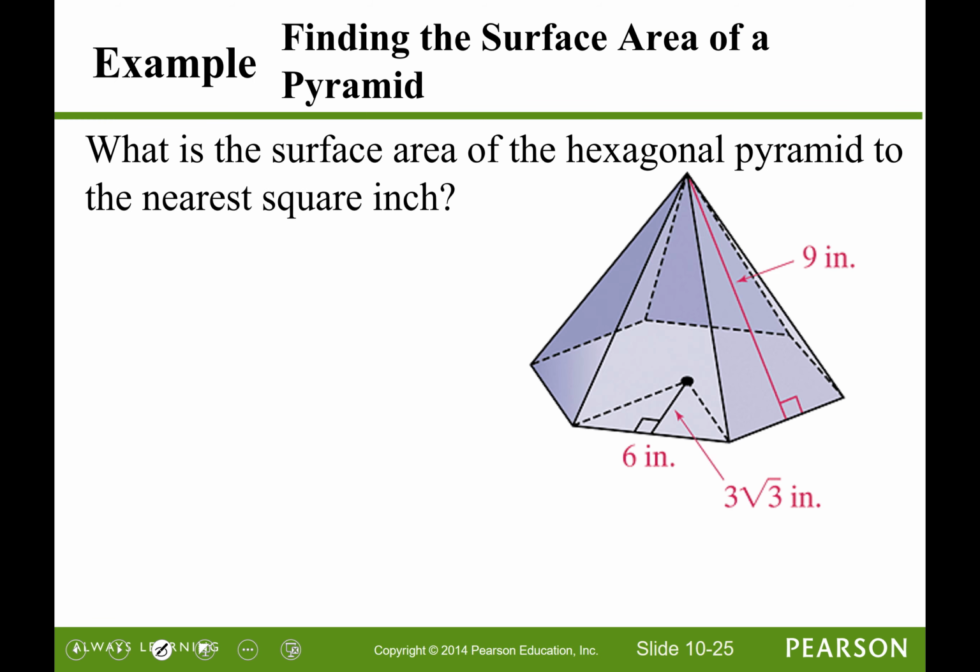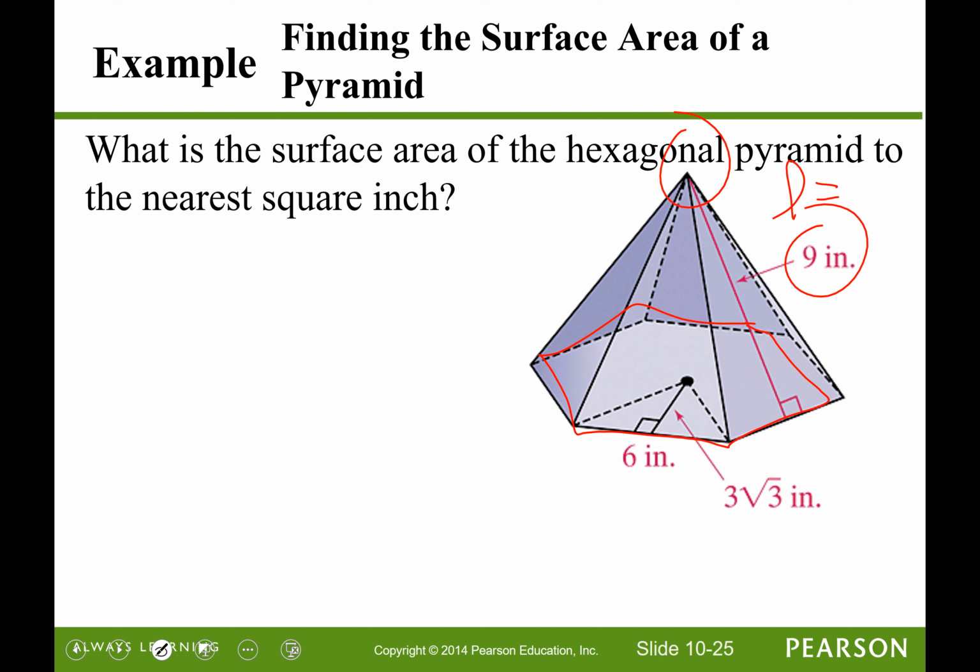All right, let's practice. What is the surface area of the hexagonal pyramid to the nearest square inch? We see here that we have a pyramid with a common base and a common point. The base is a hexagon, this 6-sided polygon right there. We have been given a few measurements. We've been given 9 inches, that is the slant height, lowercase l.